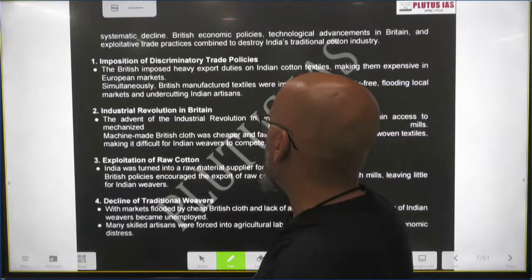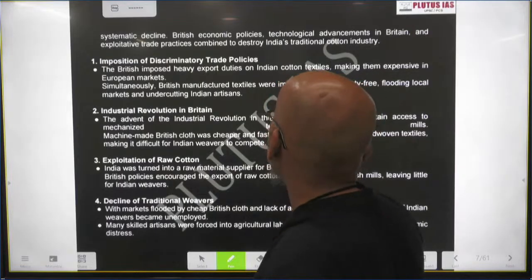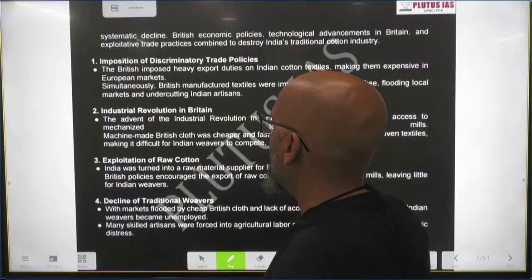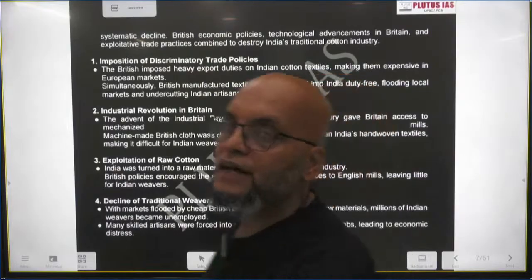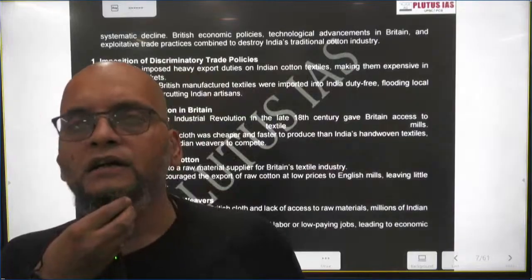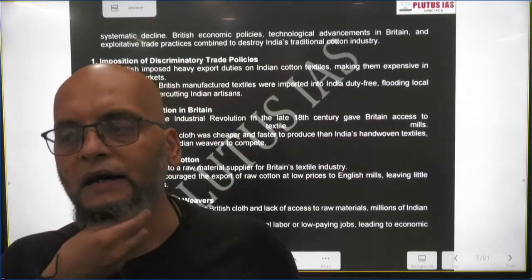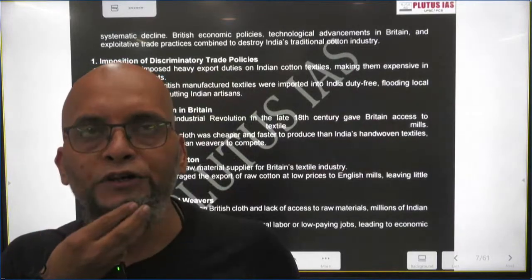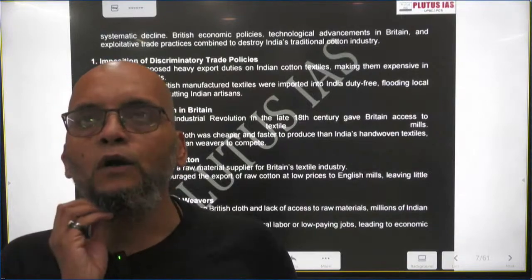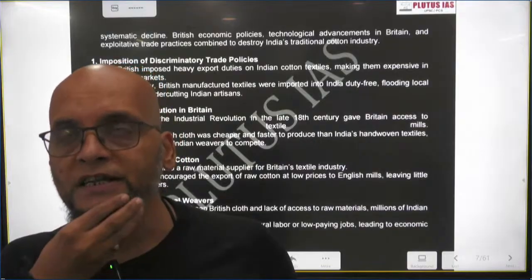Simultaneously, British manufactured textiles were imported into India duty-free, flooding local markets and undercutting Indian artisans. The textiles manufactured by the British flooded the Indian market as they removed any import duty on it. So it became cheap, again driving out Indian artisans from the domestic market as well.